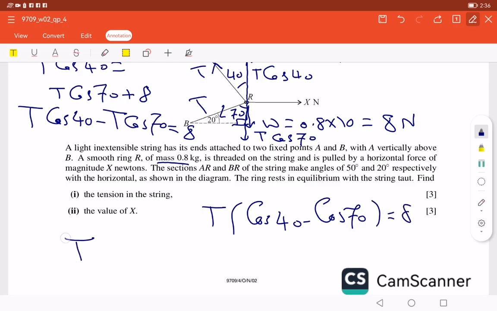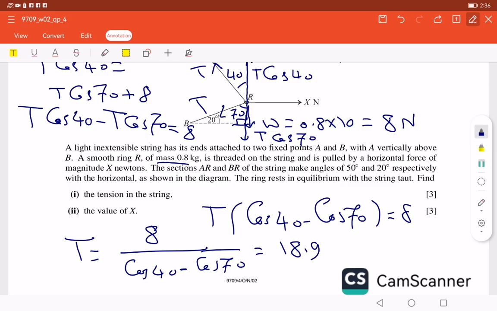So the tension will be 8 divided by cosine 40 minus cosine 70, which equals, using your calculator, 18.9. Why 18.9? As we need to write the answer as a decimal corrected to 3 significant figures. Is it okay? This is the answer of item I.